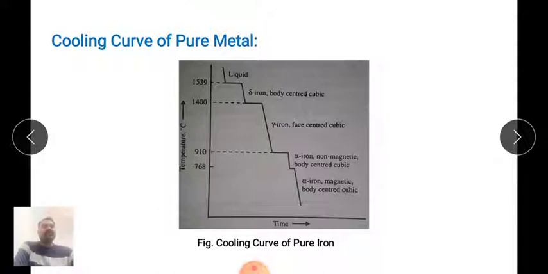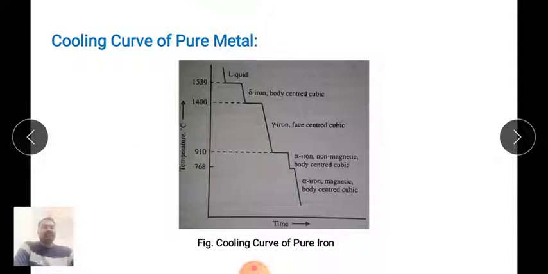As we are cooling from liquid, we know that in case of steel, above 1539 degrees Celsius the iron is in liquid phase, is it? So from liquid to room temperature, different phase changes occur, and those phase changes are represented with the help of a cooling curve.